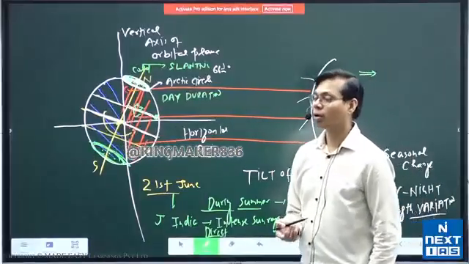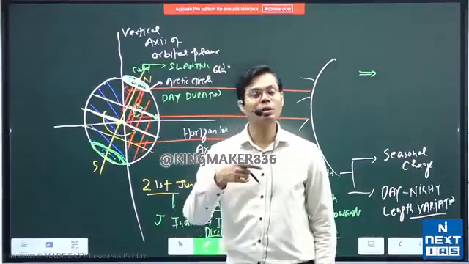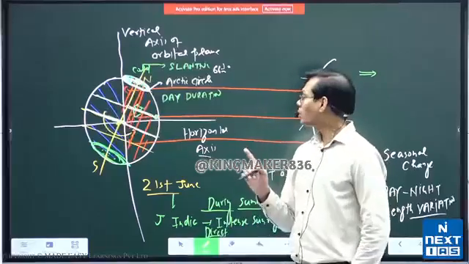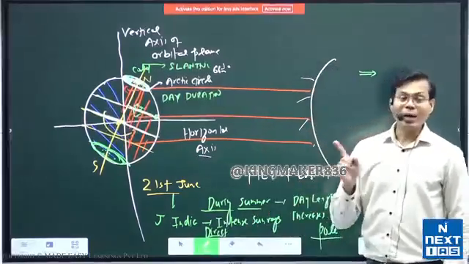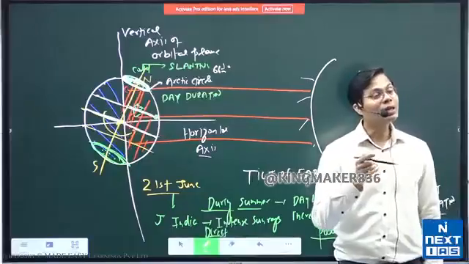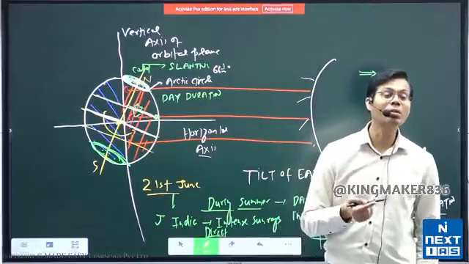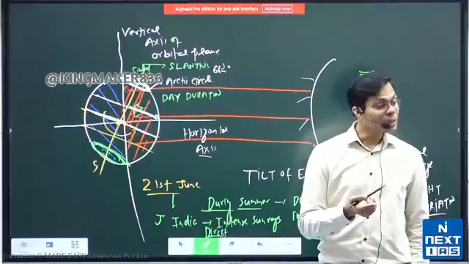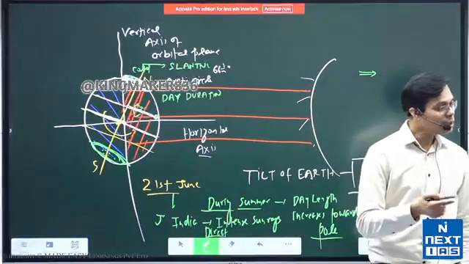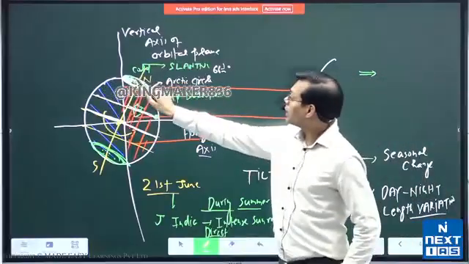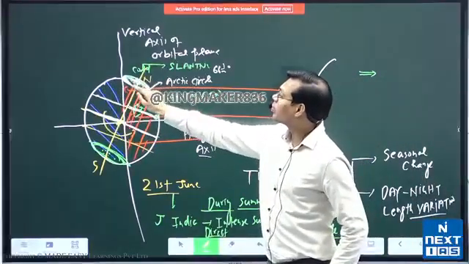Correct or incorrect? It is also incorrect. The sun is on Cancer. One more point was given that on the Arctic Circle, there is no sunset on 21st June. Throughout the day, sunlight is available. Correct it is, because here the sun's rays keep coming continuously, slanting but they come, on 21st June.